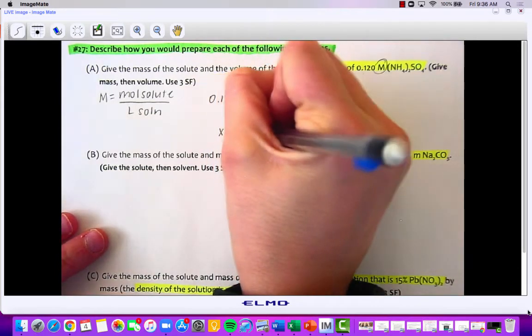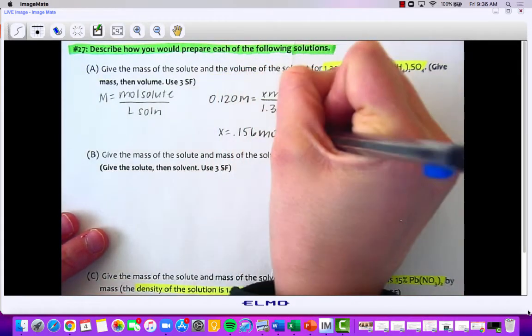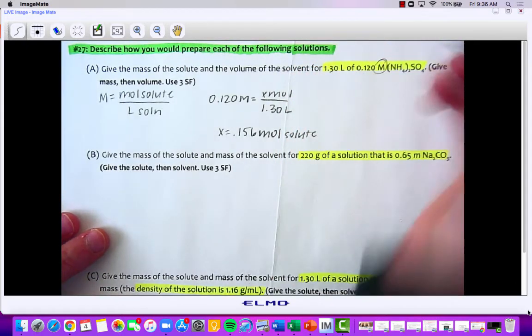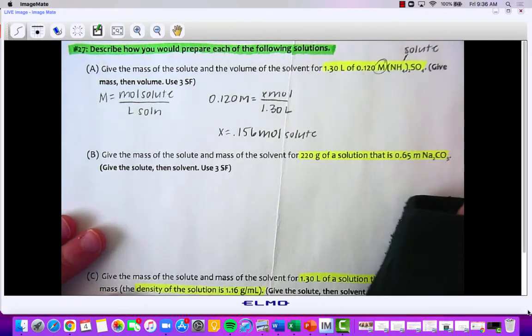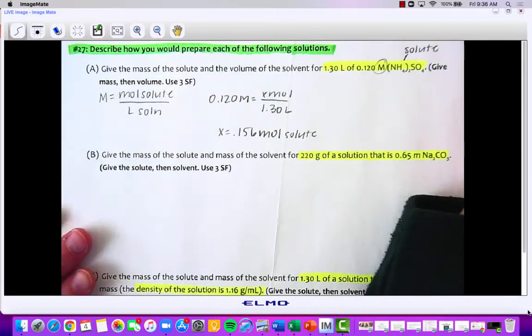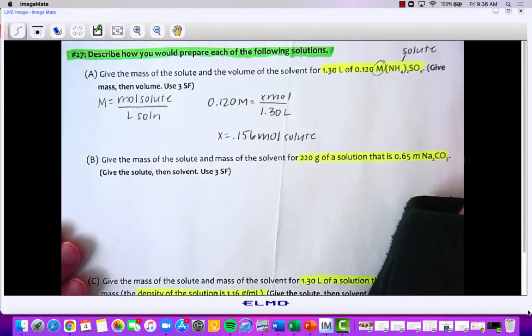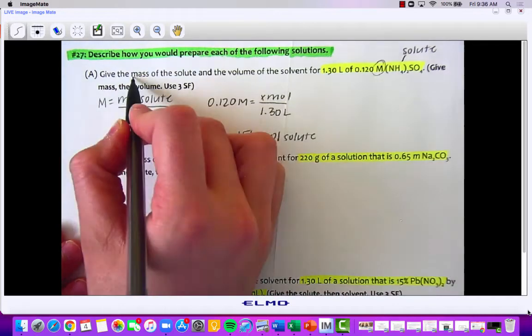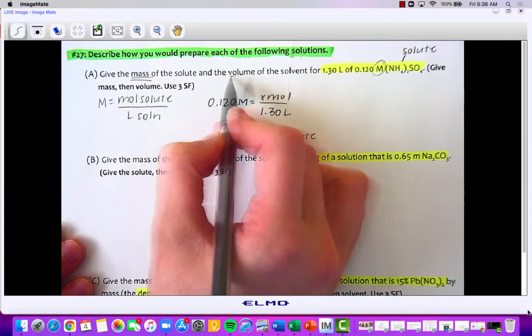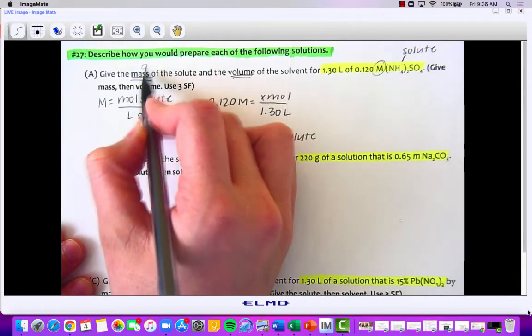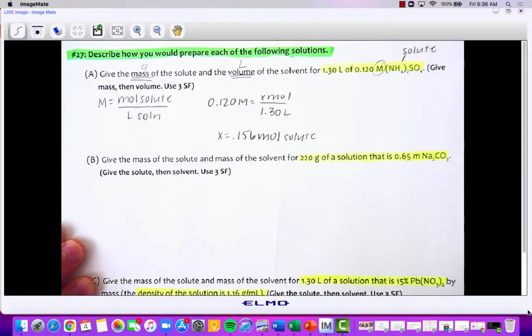X is 0.156 moles of solute. Remember, my solute is this ammonium sulfate. My solvent is most likely water. So notice though it wants mass of solute and volume of solvent. So I need grams and probably liters.